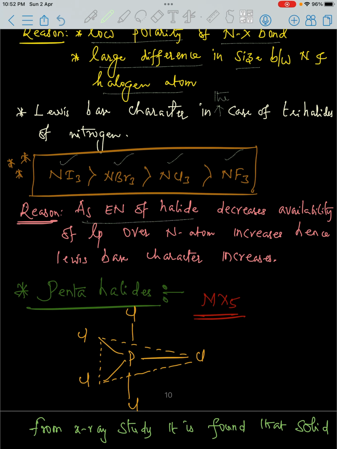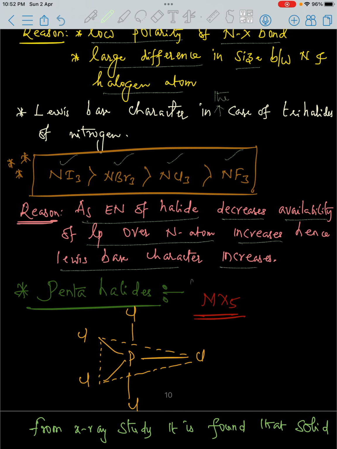Reason: as electronegativity of the halide decreases, availability of lone pair over the nitrogen atom increases. Hence Lewis base character increases. Is it clear? So nitrogen can easily give the lone pair of electrons. According to the Lewis concept, a substance which can donate its electron pair is considered a Lewis base. That's why NI3 is more basic than NF3.